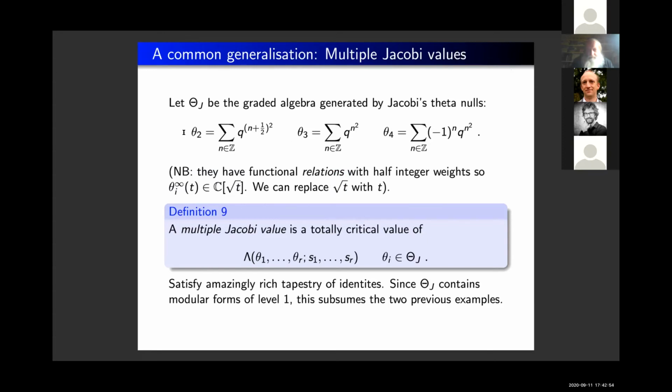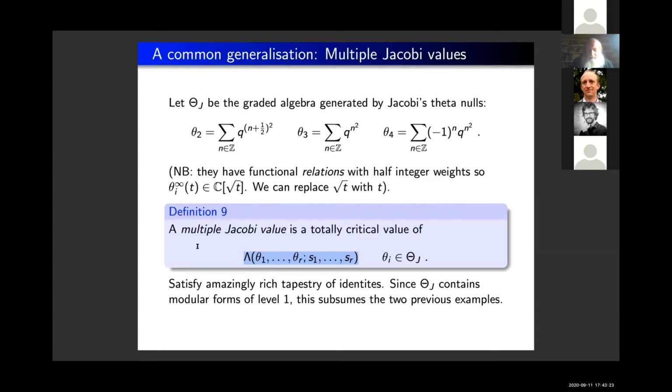So in any case, it's very natural to consider the Jacobi theta functions. We can look at the algebra they generate, and we can define a multiple Jacobi value to be any totally critical value of the multiple L function of a sequence of r such theta functions.